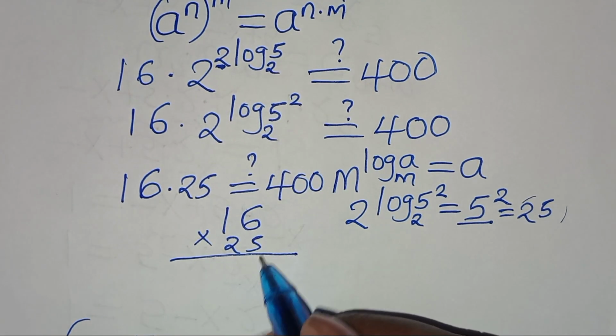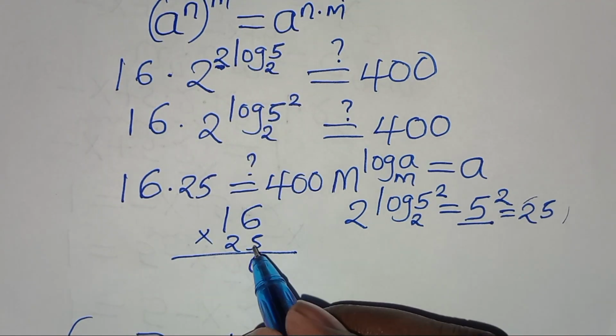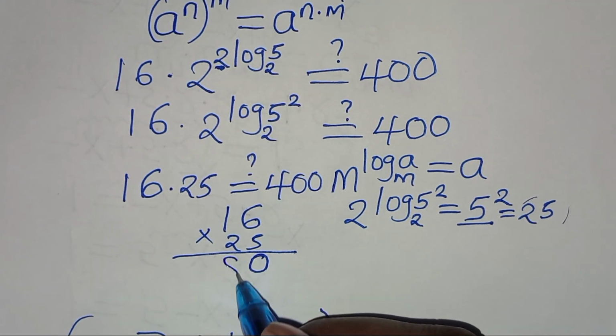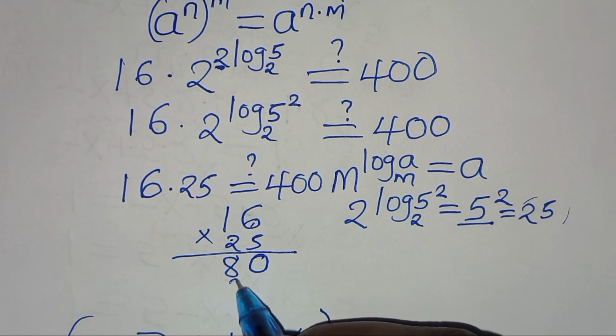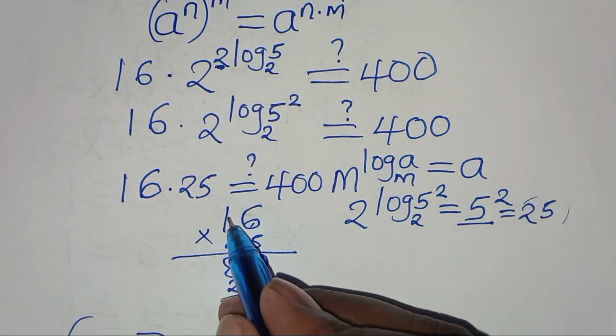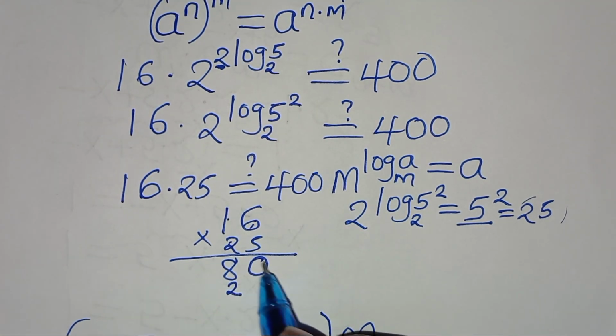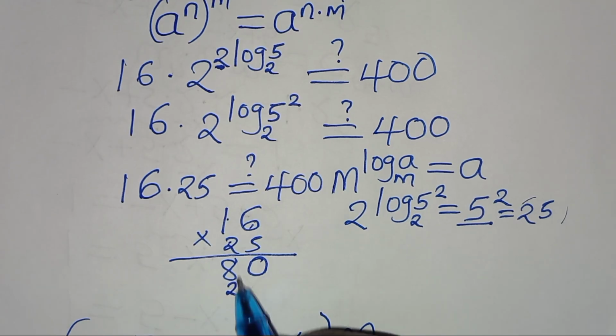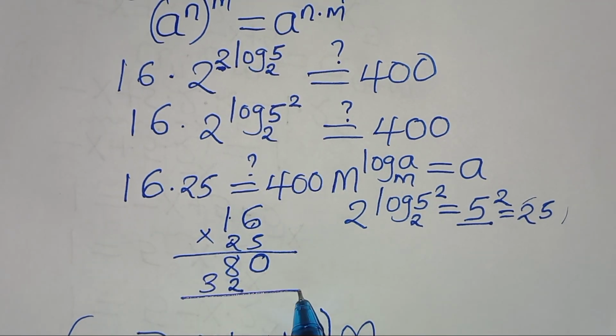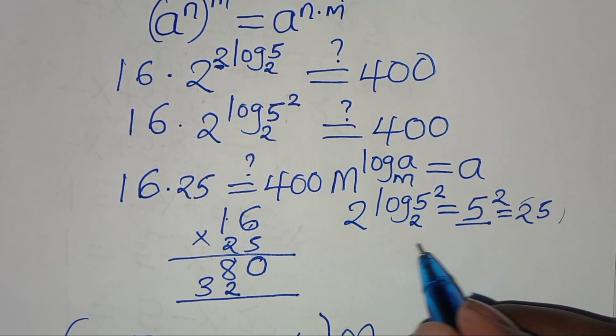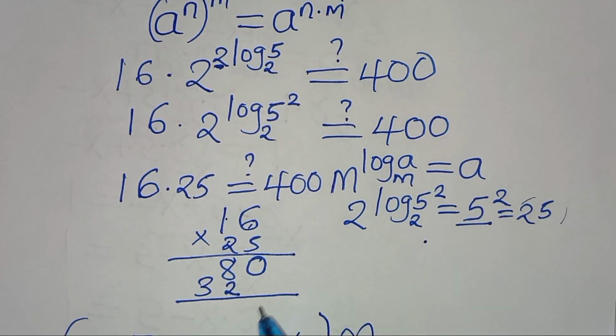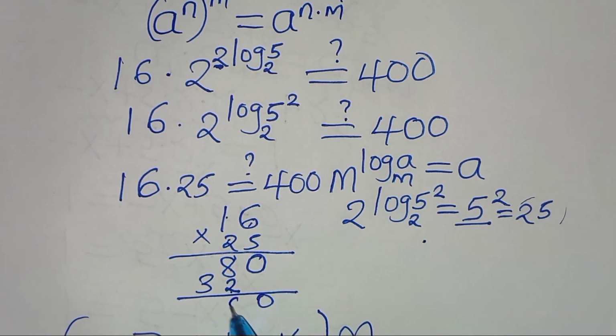So 6 times 5, this is 30. So 0 carry 3. 1 times 5 plus 3, so this is 8. 6 times 2, this is 12. Carry 1, then 1 times 2, this is 2. 2 plus 1, this is 3. So here we have 0. 8 plus 2, 10. 0, carry 1.